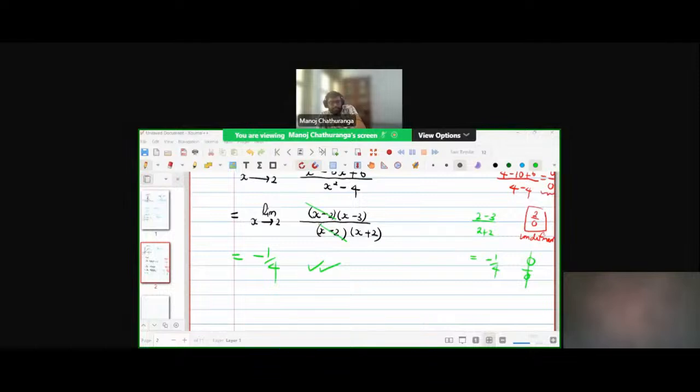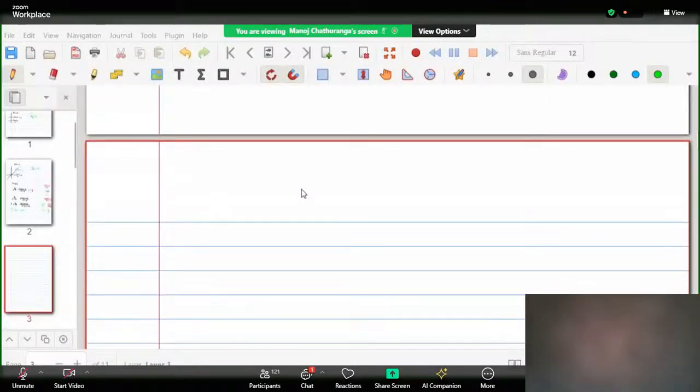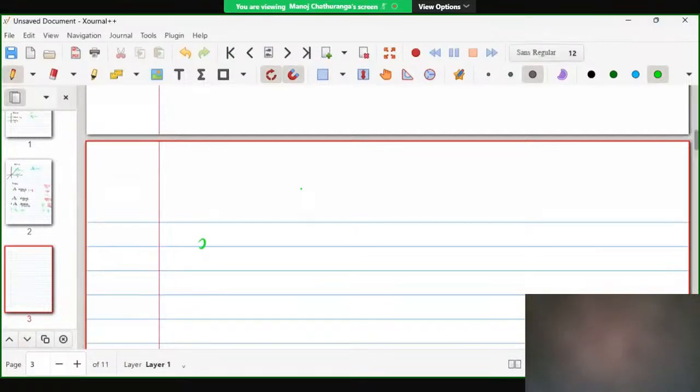So let me give you an exercise, and you should work on that. To compute, x goes to 2, x minus 2, x squared minus 5x.